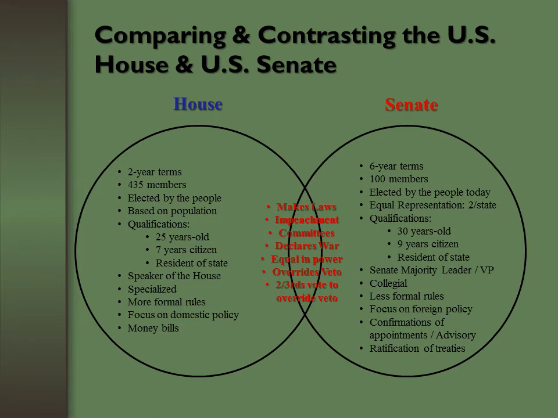Okay, welcome back. I hope you took the time here to jot down a few ideas, a few characteristics from both chambers. And if we were in class, we'd do this together. We'd come back together in class, and I'd ask you what you came up with.